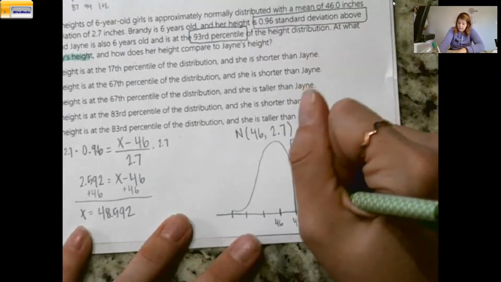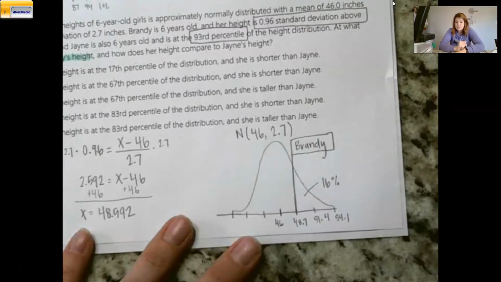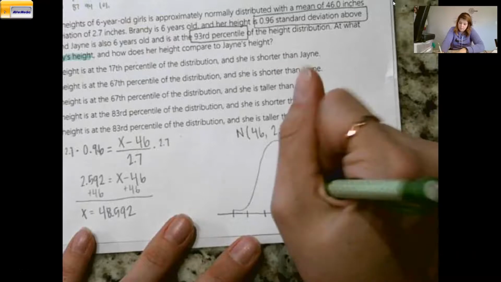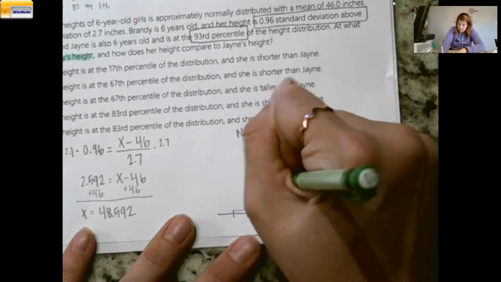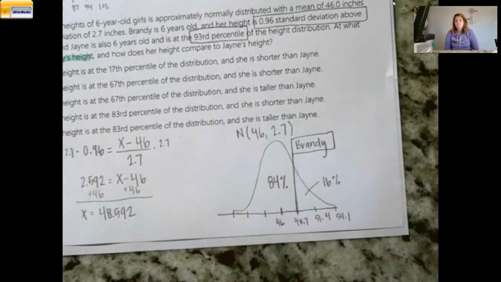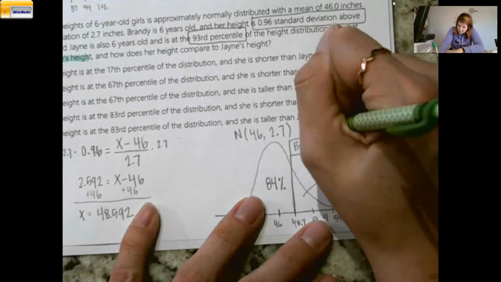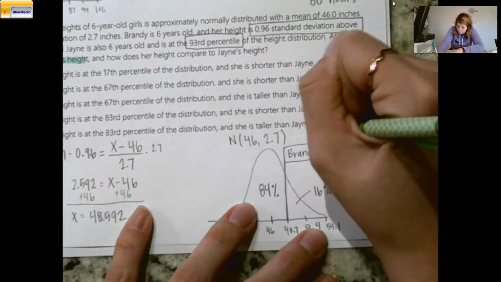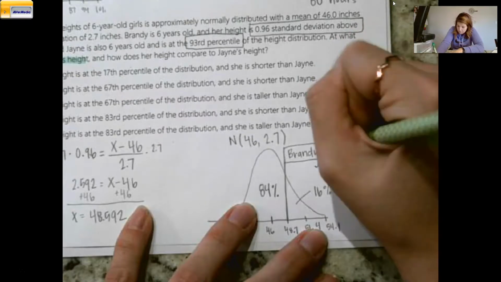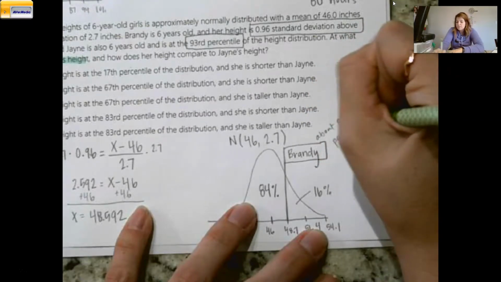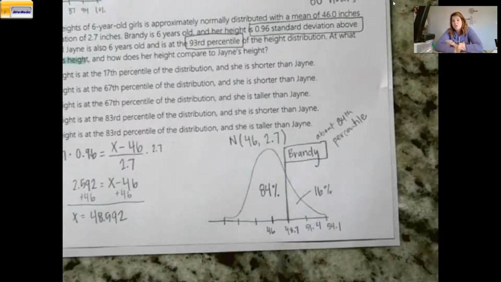Well, I know that the upper part is 16%, which means that below Brandy is 84%. So Brandy is about the 84th percentile. I'm saying about because I'm not 100% sure, and in stats, when you don't know the exact value, you use the word about.